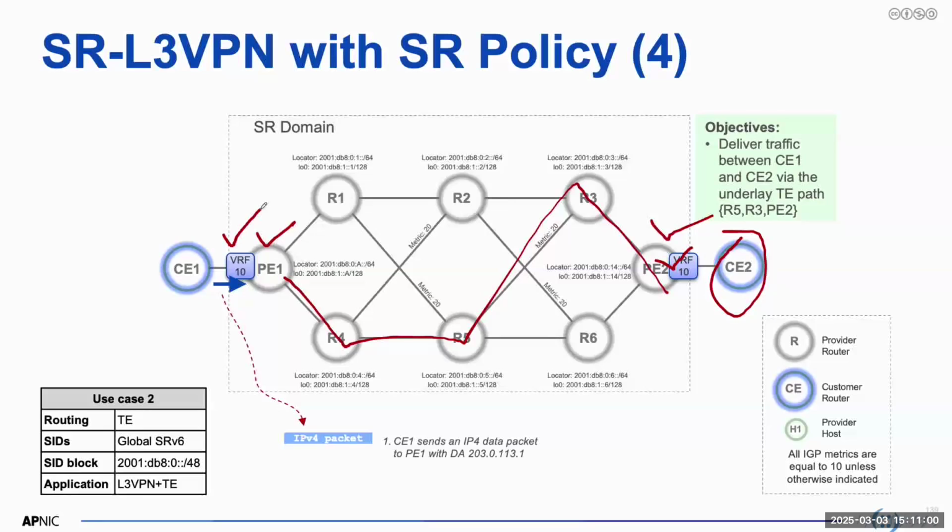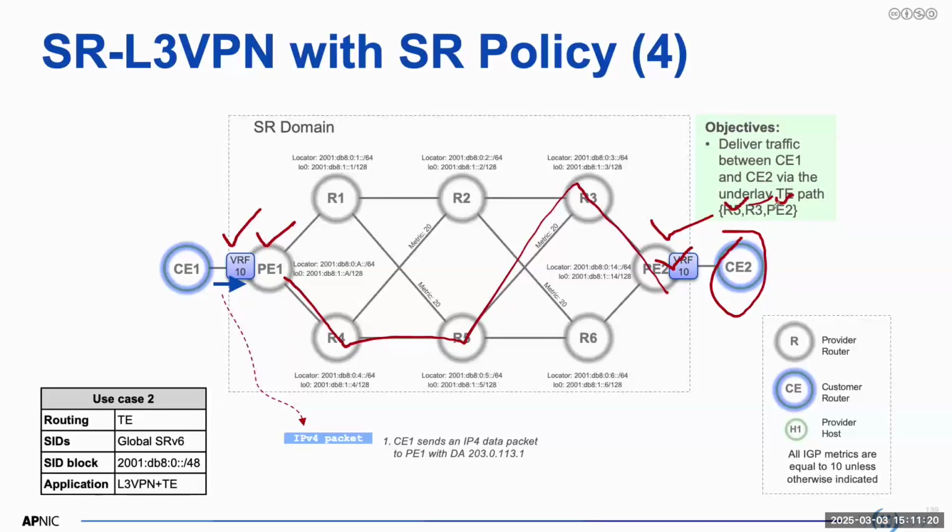The segment routing policy is only helping it know how to reach there. So it knows the ultimate destination, and now it also knows how to reach it. It needs to go to R5, R3, PE2, because PE2 is your destination.